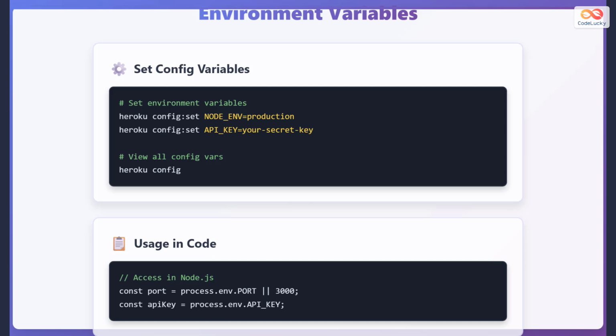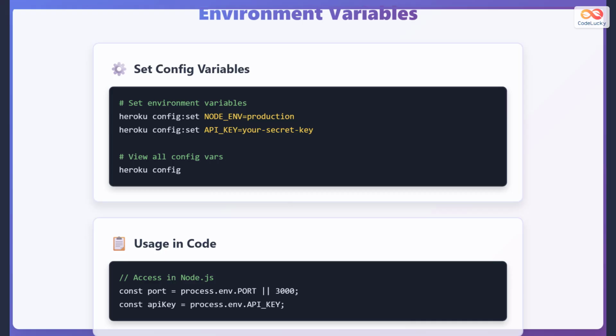Environment variables are essential for configuring your application in different environments, such as development, testing, and production. Heroku provides a convenient way to set configuration variables for your application. To set an environment variable, use the command heroku config:set, followed by the variable name and its value.